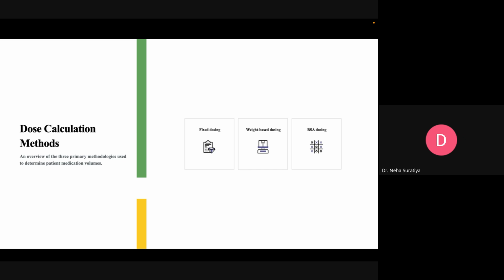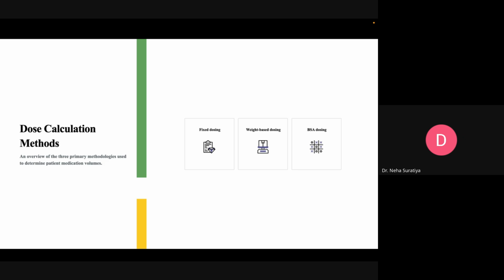And next we have BSA, body surface area dosing, which generally comes under mg by m squared. I will let you know what it is and how it is calculated in the upcoming slide, but just understand that this dose is calculated based on the patient's body surface area. This correlates better with physiological parameters. In BSA, we need to check cardiac output and renal function as well, the two most important things while handling BSA dosing.